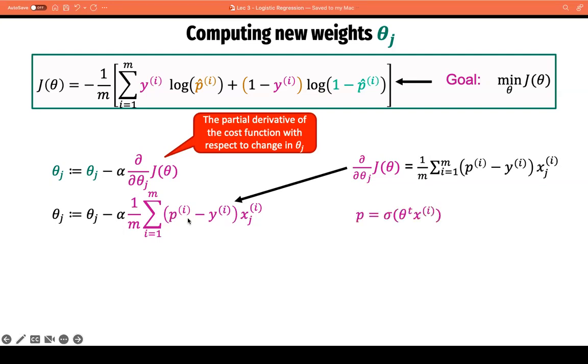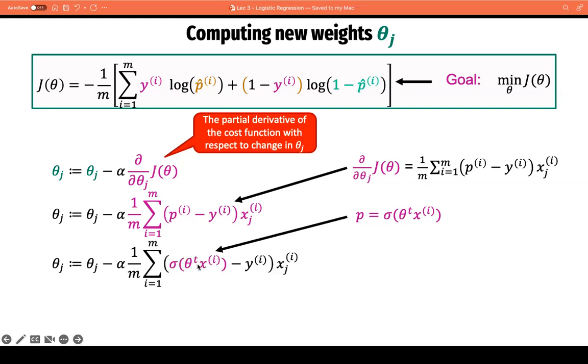Now we know that this P is the estimated probability, which is equivalent to the sigmoid of the weighted sum of the weights and the predictors. Plugging that in, we arrive at this equation. And lastly, this sigmoid is equivalent to 1 over 1 plus e raised to the negative weighted sum.